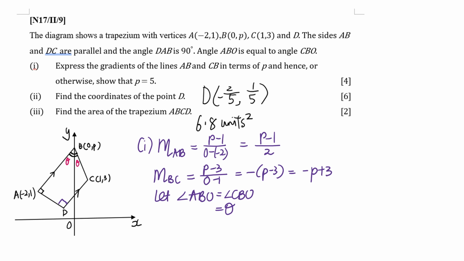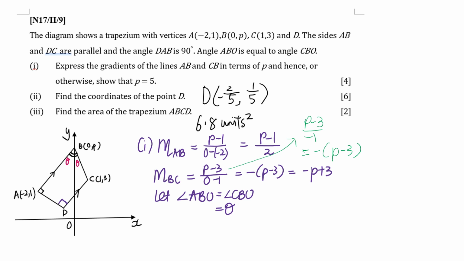And you can also go on to find the gradient of BC, which is p minus 3 over 0 minus 1. That gives you p minus 3 divided by negative 1. I just simply put the negative 1 at the numerator, and then open up the brackets to get negative p plus 3.